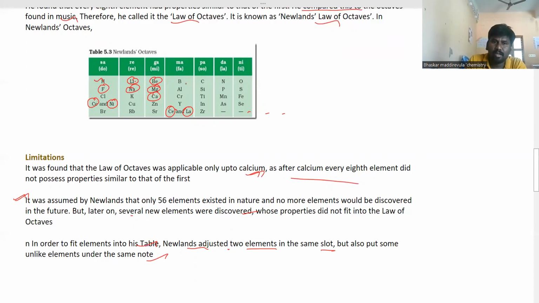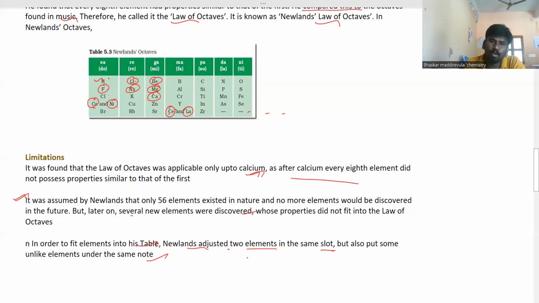Actually, hydrogen and fluorine show different properties compared to cobalt and nickel. In the same way, cerium and lanthanum show different properties compared to the group elements. Though he adjusted them, he did not keep them in a similar group. He kept dissimilar, unlike elements together.